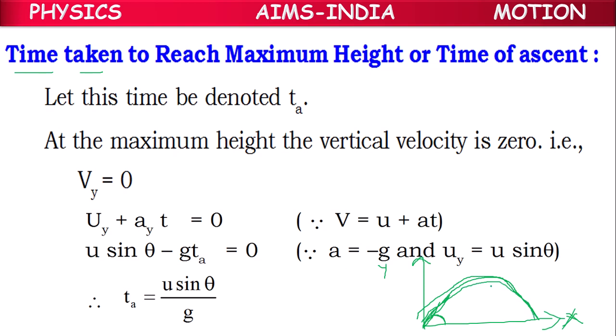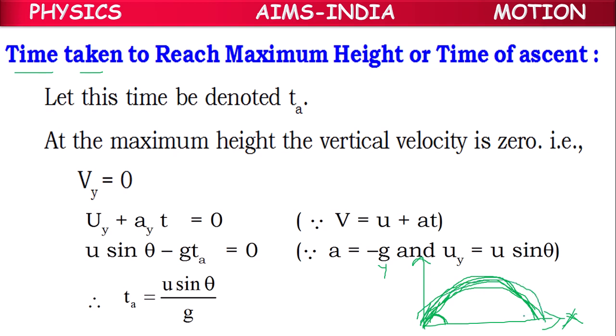This is the projectile, or this is the trajectory of the projectile. So this is an example of oblique projection, meaning projecting the body from the ground with an angle other than 90 degrees.